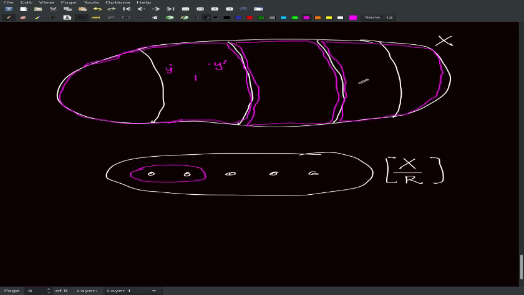The third one is kept as it is, and these two are glued. So that gives rise to our X by S.